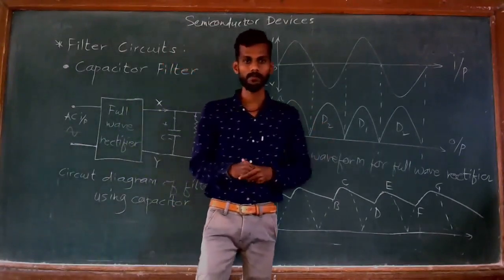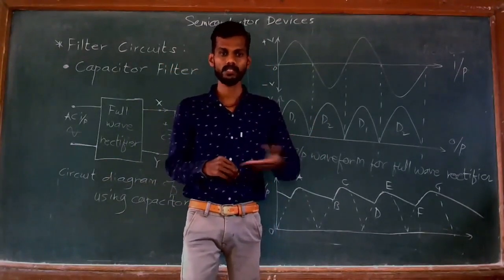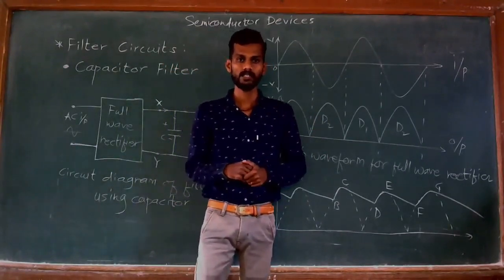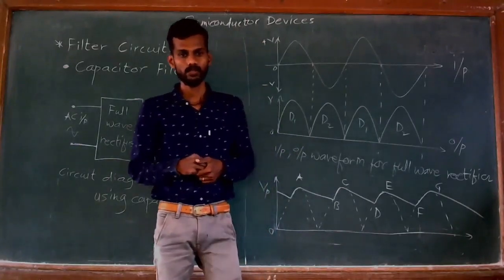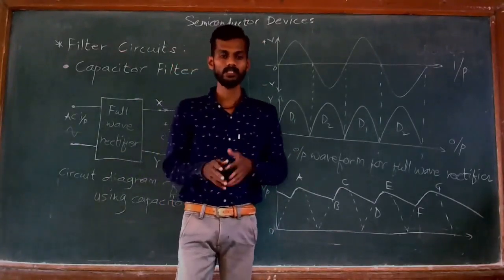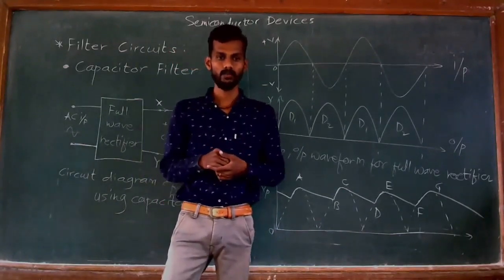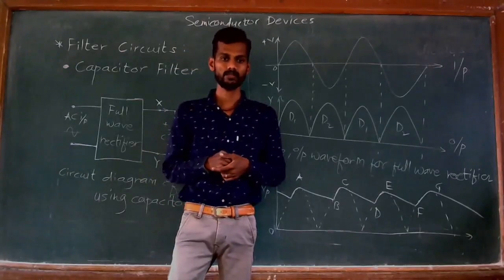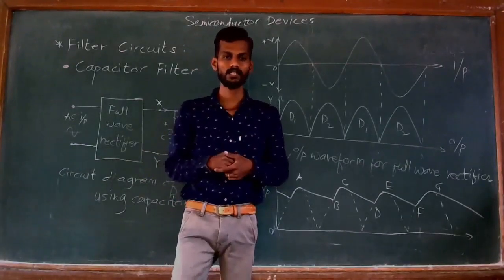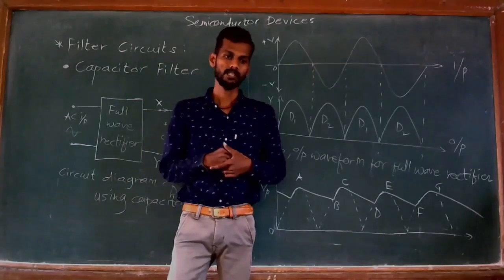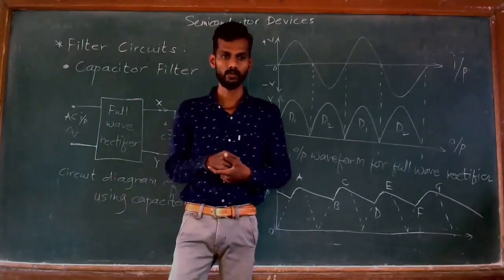Ripple means an AC component in the DC component. So in this lecture, we are going to study how to reduce or remove the unnecessary AC component from the DC component, or from the rectifier output.